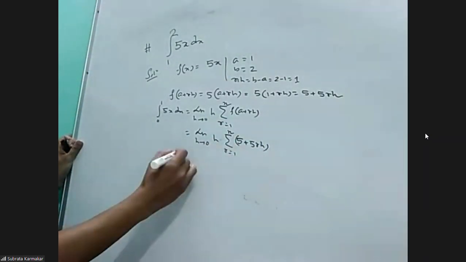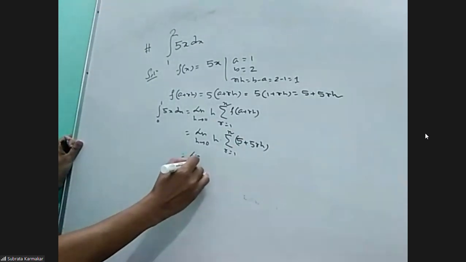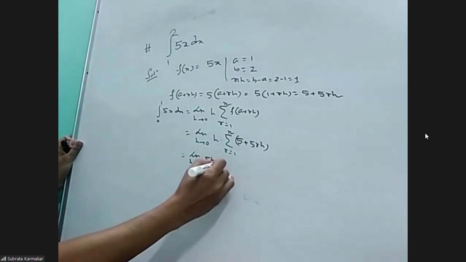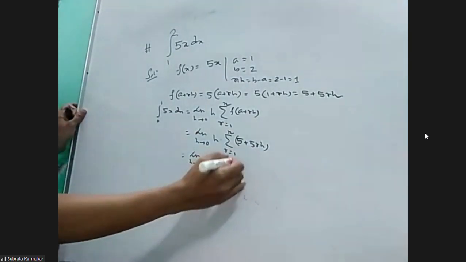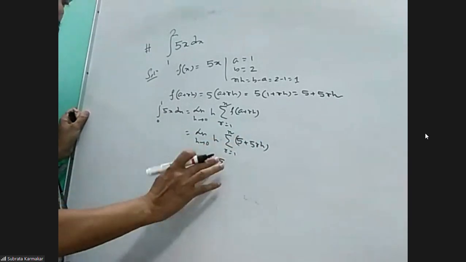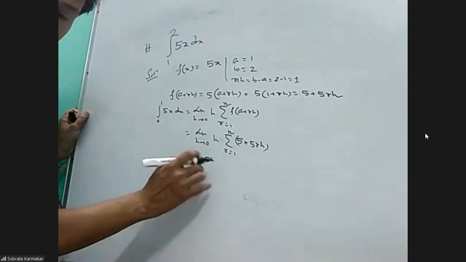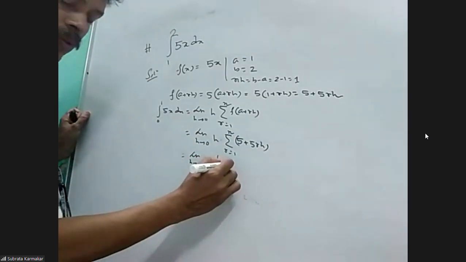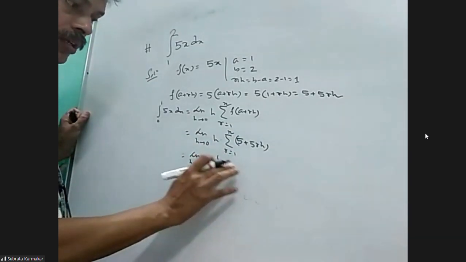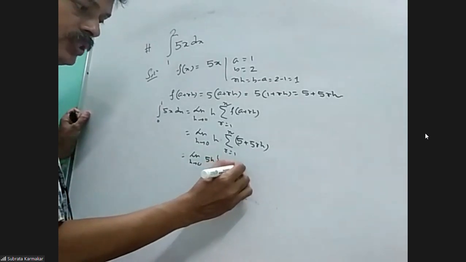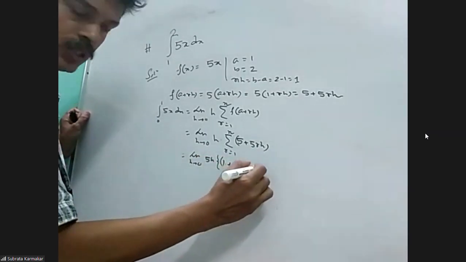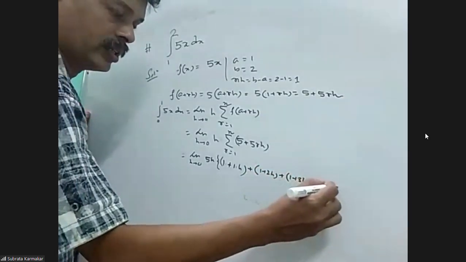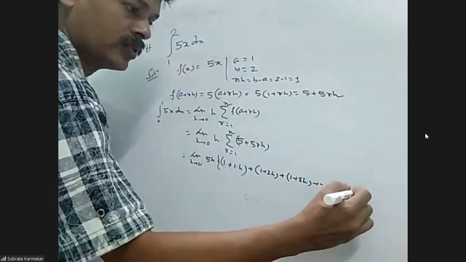Or if you take 5 out as a constant, limit h tends to 0, 5h, summation, it will remain 1 plus rh. So directly if you put the values, what will you get? 1 plus 1 into h, plus 1 plus 2h, plus 1 plus 3h, like that, the last is 1 plus nh.